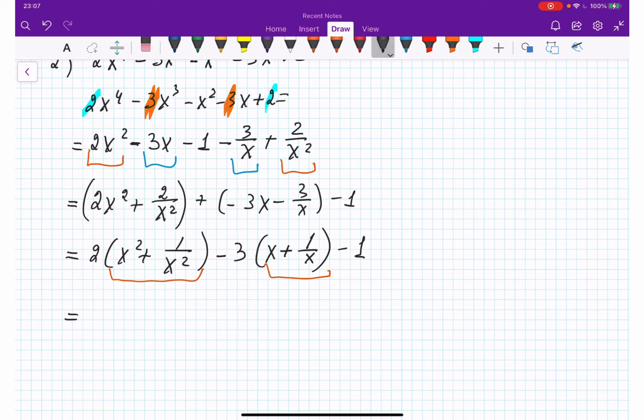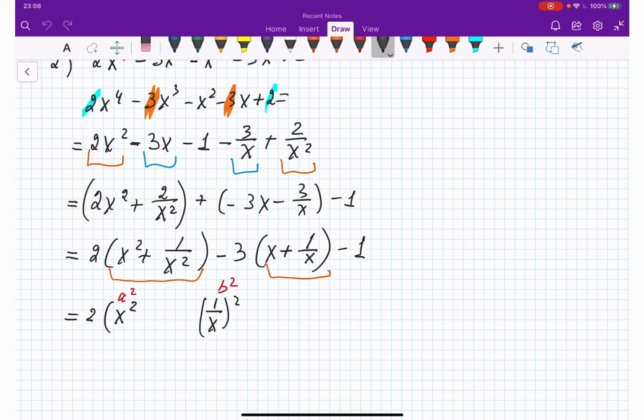So we are going to do the following thing. If x squared is going to be my, let's say, a squared, and then 1 over x squared is my b squared. 1 over x squared I can even write down in this format because it's the same thing. 1 squared is 1 anyway, so it will be our b squared.